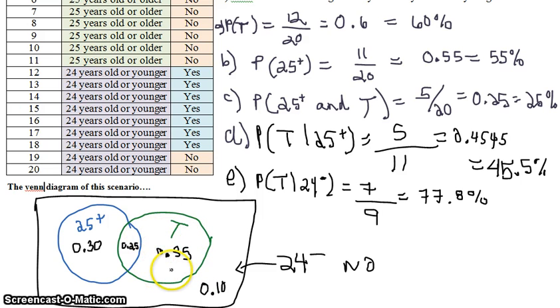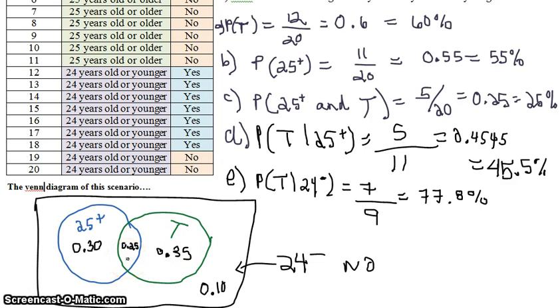They're in here because it's like those who are not 25 years old and older and have a Twitter account, and that's 35% of the total. And you could actually calculate that here too. You'd add up 1, 2, 3, 4, 5, 6, 7 out of 20, which will also give you 0.35.